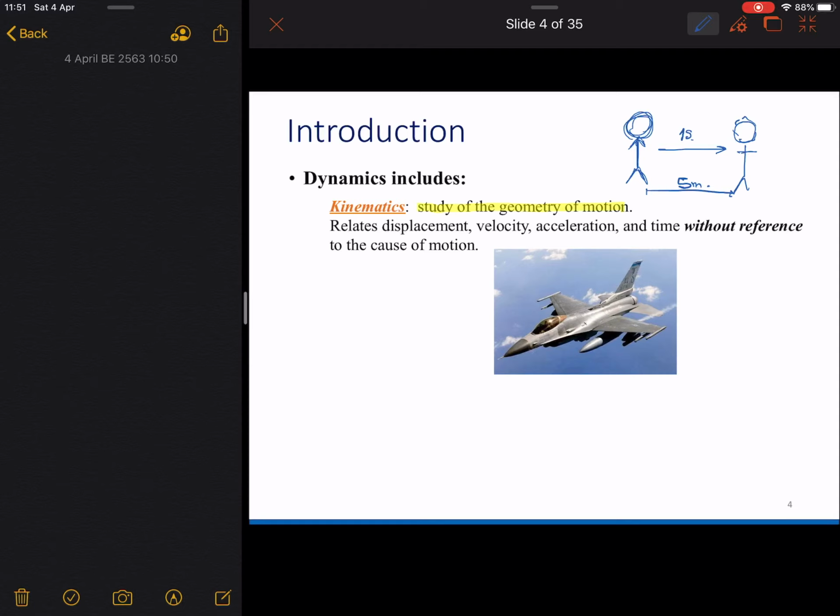In this case, the velocity is 5 meters per second. But for acceleration, in this case, the information is not enough.